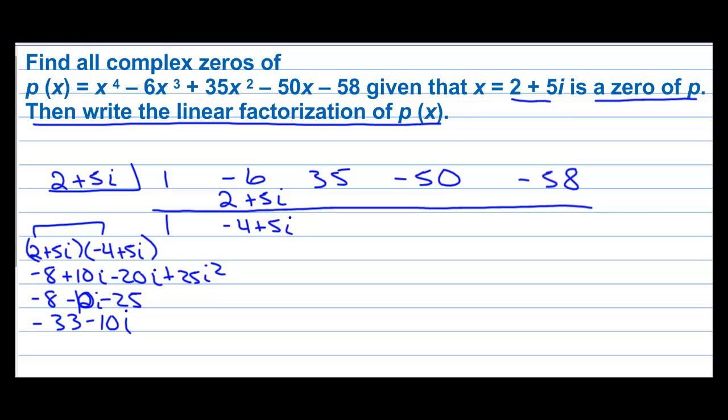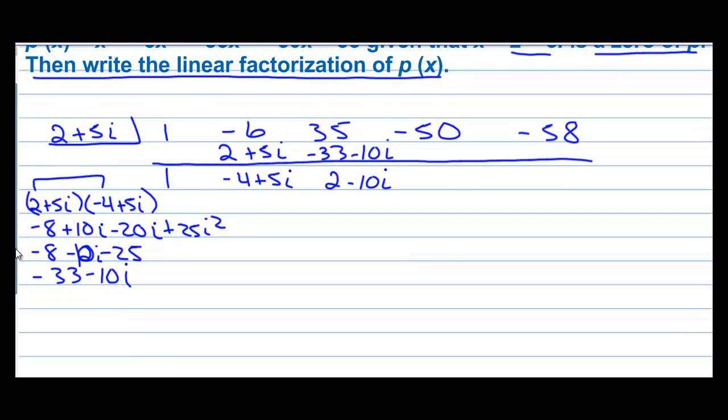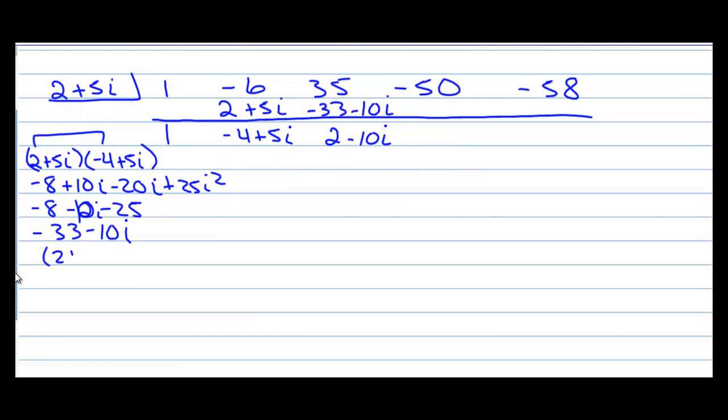So we multiply, we get negative 33 minus 10i, and we have to add those together. So we get 2 minus 10i. All right, now we have to take 2 plus 5i times 2 minus 10i. And we get 4 minus 20i plus 10i, and then minus 50i squared.